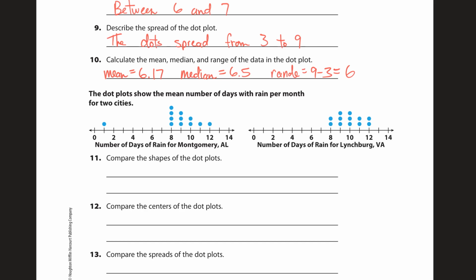So Montgomery. What is this? It has one outlier, which is right here, with a small cluster.